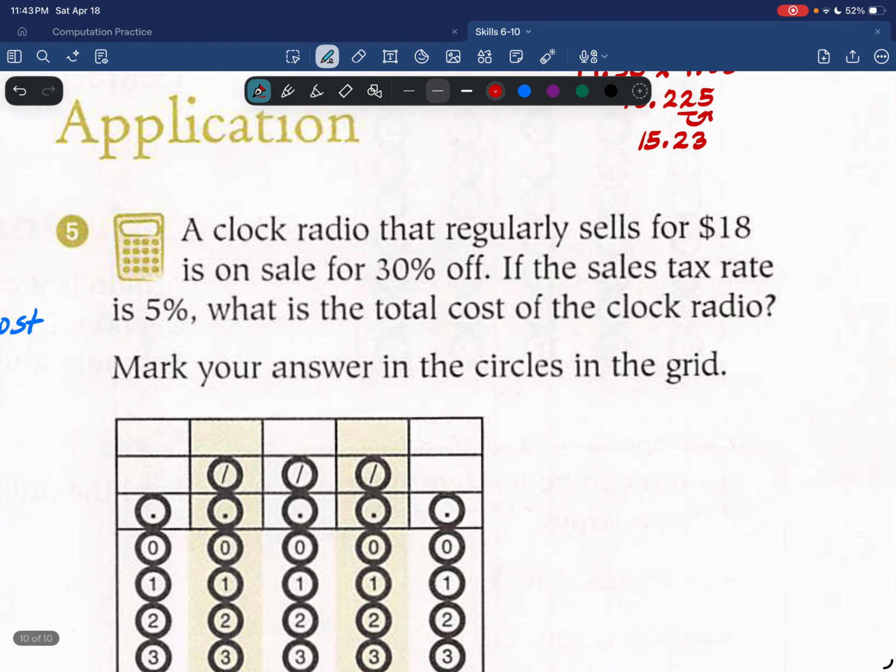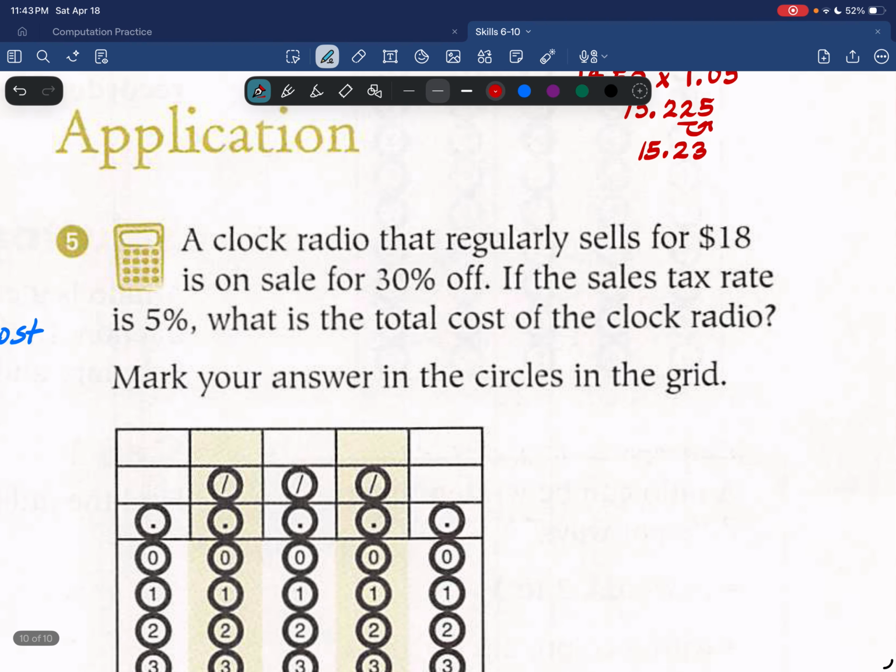All right, in application, a clock radio that regularly sells for $18 is on sale for 30% off. If the sales tax rate is 5%, what is the total cost of the clock radio? And lest I make that same mistake again, I'm going to go ahead and write this right here, because I will do it again.